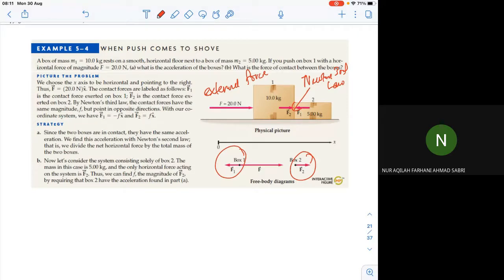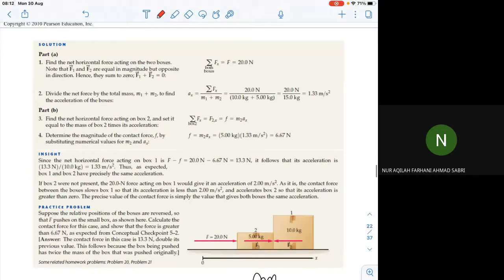Then this external force adds to the free body diagram, where we see F1, F2, and of course the external force.